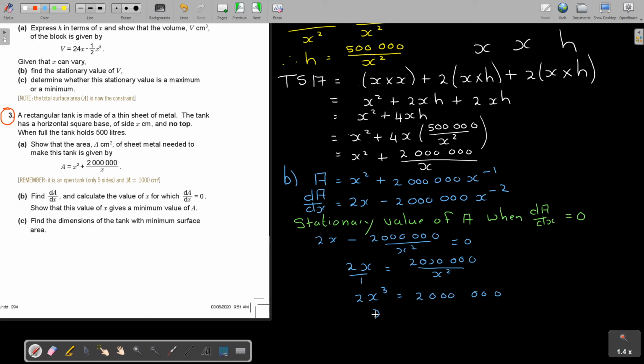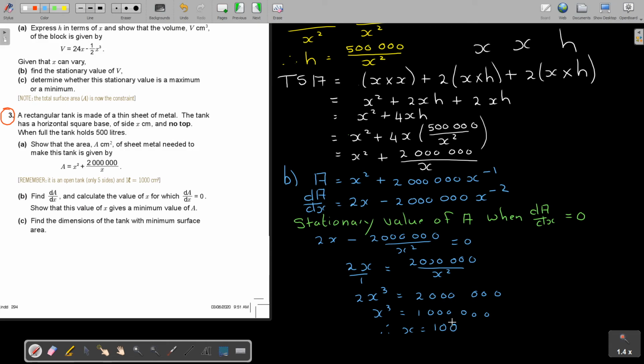So I'm going to get x cubed divided by 2 is 1 million. So x, therefore, take the cube root, will be 100. Okay.